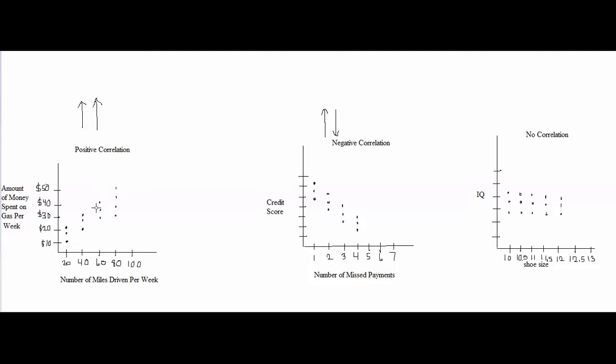For example, if you're studying something like income and happiness, it might make sense that there would be a positive correlation in which people who are making more money are happier, but you wouldn't be allowed to make a claim that there's a positive correlation between income and happiness unless you actually collected a data set that showed evidence that that was true.